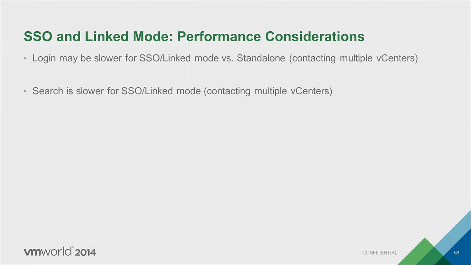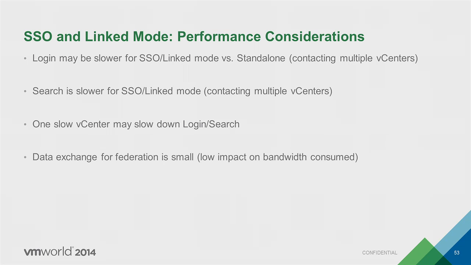In addition, search might be slower because we have to contact multiple vCenters to generate a search result for you. I should also point out that along the same lines, if you have one slow vCenter, you might end up seeing slower responsiveness during login or during search, okay? And if a vCenter goes down, you might also see slow responsiveness because it's waiting for that vCenter to respond and it won't respond.